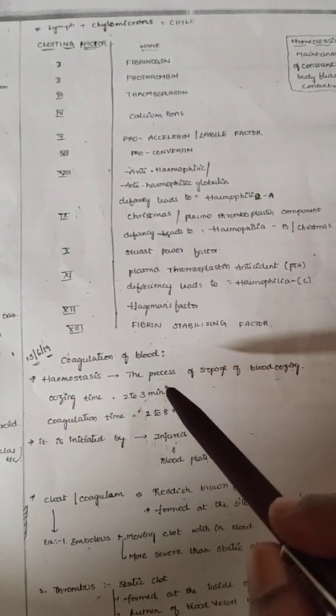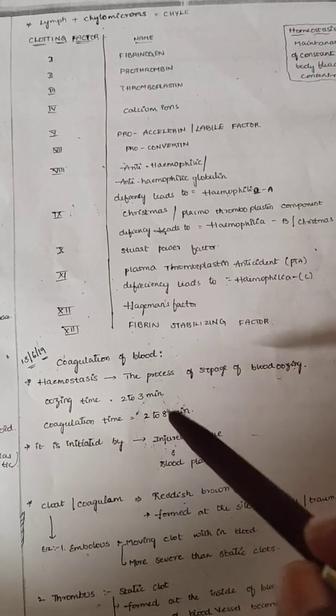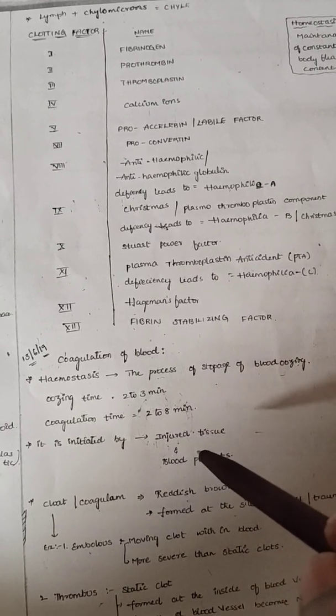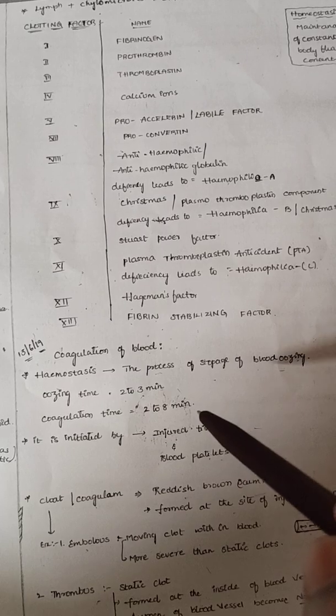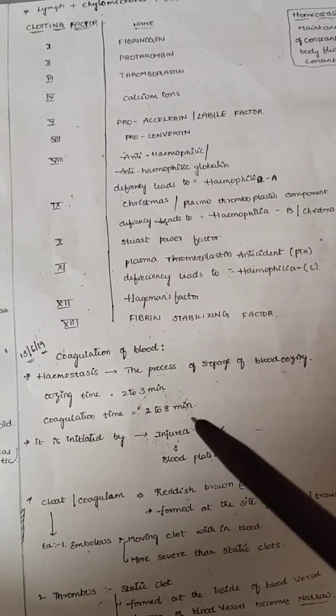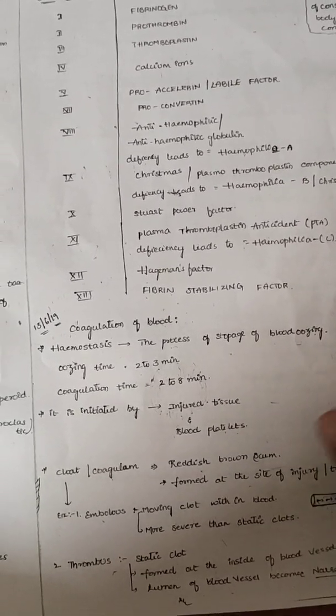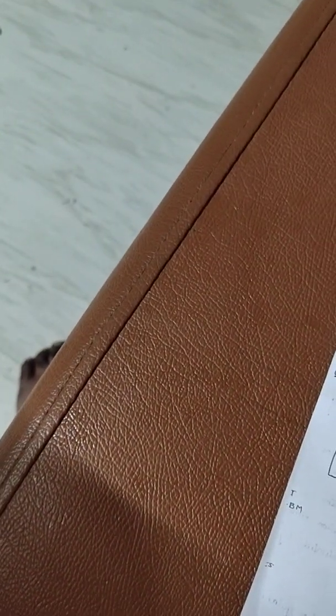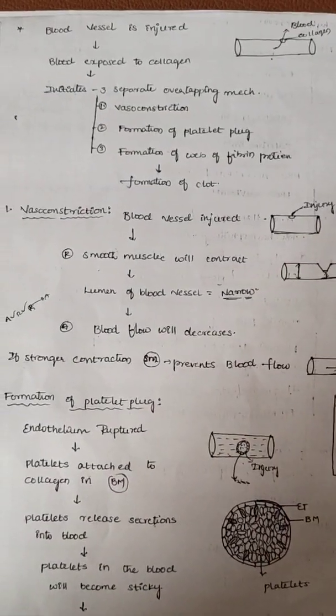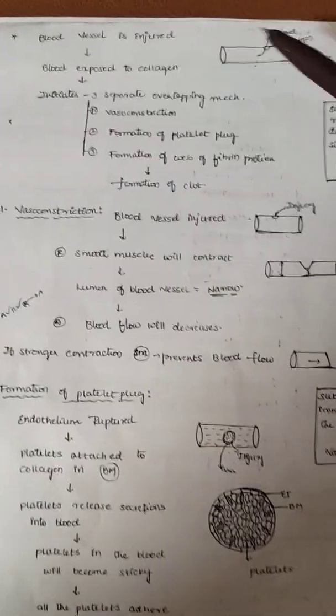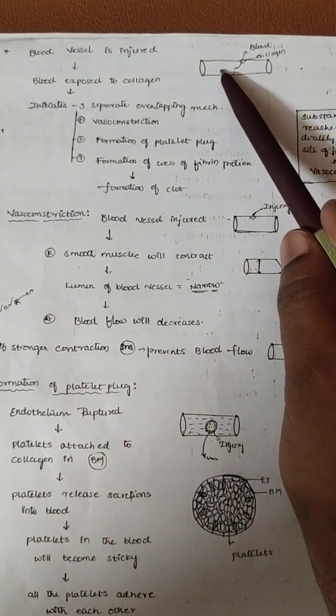Coagulation of blood is a cascade reaction. What is meant by cascade reaction? It is a multiple-step reaction. That reaction is called a cascade reaction. Now see, suppose a blood vessel is injured. Now this is a blood vessel.